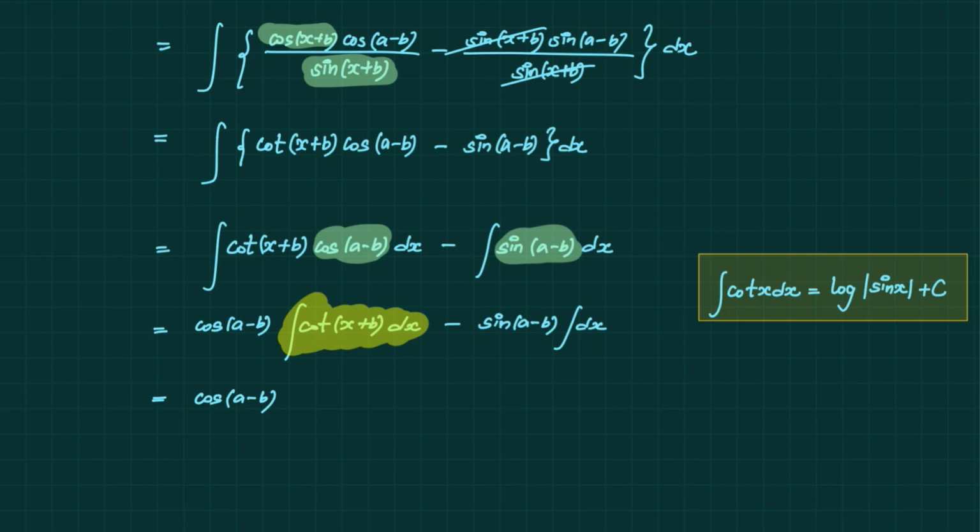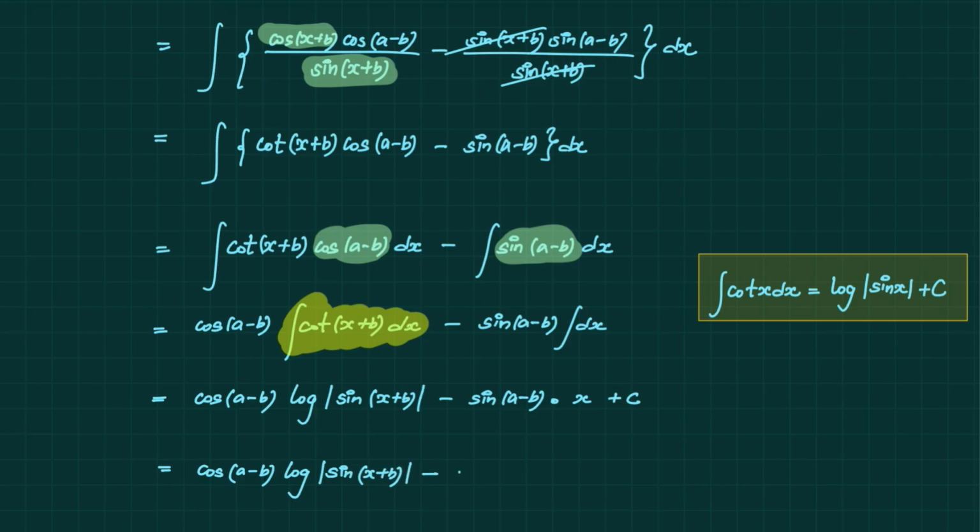So it will be log of sin x, and here we have x as x plus b, so that's why we will write x plus b, minus sin a minus b into integration of dx is x plus c. Hence my answer will be cos a minus b into log of modulus of sin x plus b, minus x into sin a minus b plus c. So this is the answer for this question.